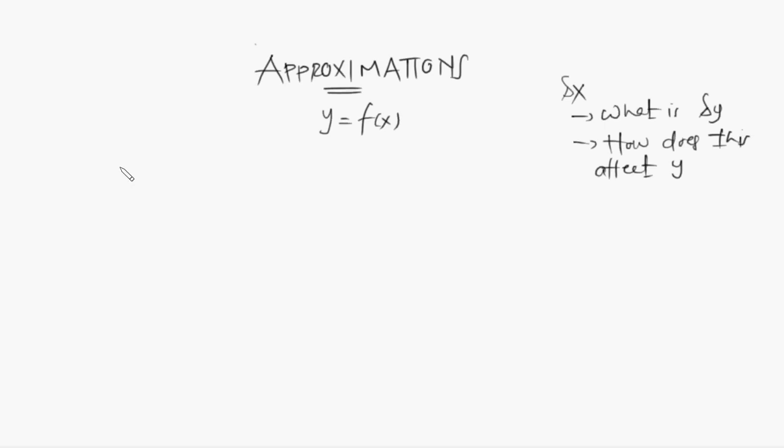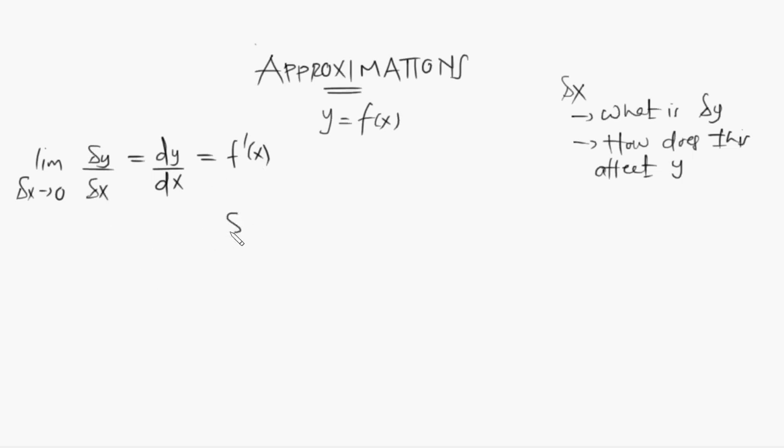Sasa remember kwamba tulisema ukiwa na change in y over change in x, tukasema the limit ya hii change in y over change in x as delta x approaches 0, hii ni sawasawa tu na d of y over d of x, ambayo tulisema ni sawasawa na f dash x. Sasa manake nini?